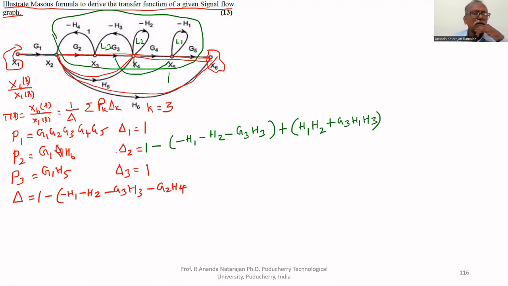The fifth loop is here: minus H3 H4 H5. This is plus.